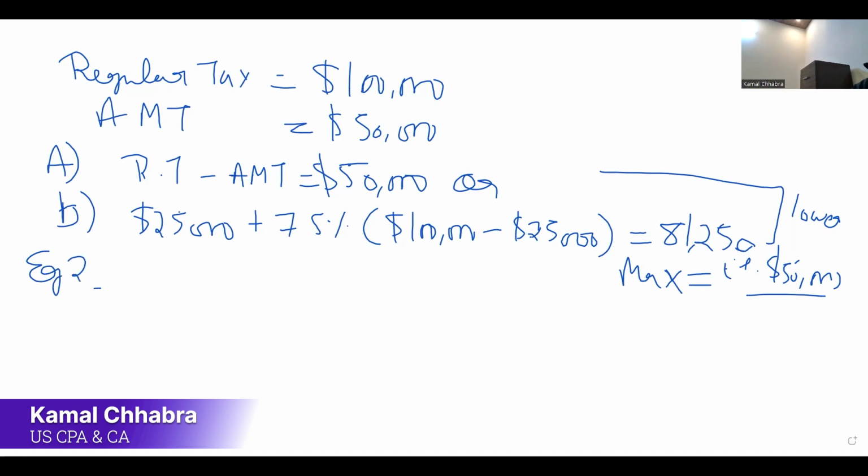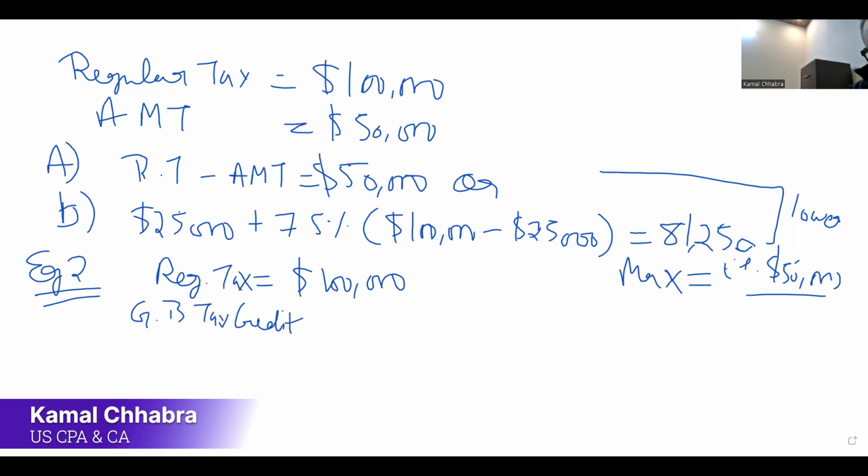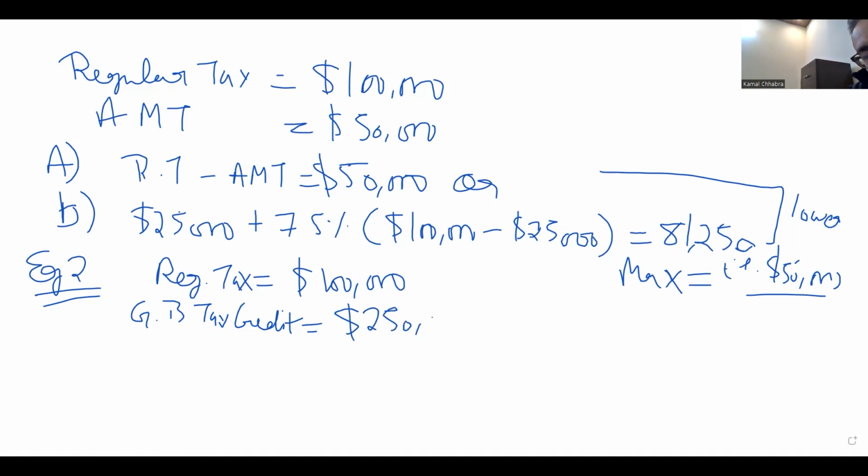Example 2: your regular tax is, let's say, $100,000, and you have a general business tax credit of $250,000.